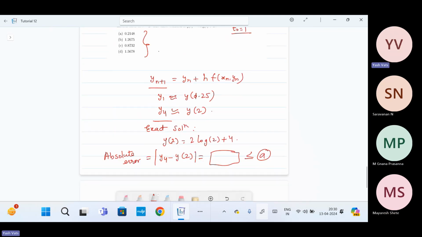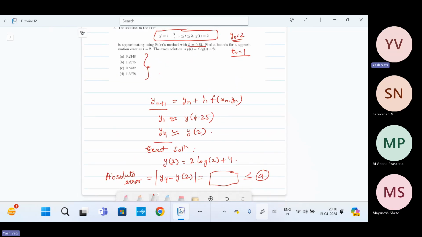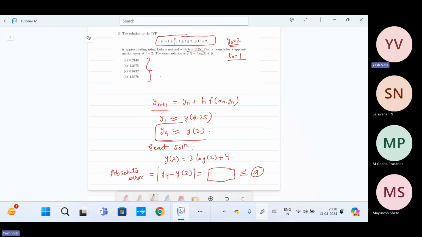So I told you that you can do it by this. You just go till y4, right? Y4 is the approximated value of y2 using Euler method, and then you subtract it from the exact solution value at 2, and then you get the value of error. Do you get it?